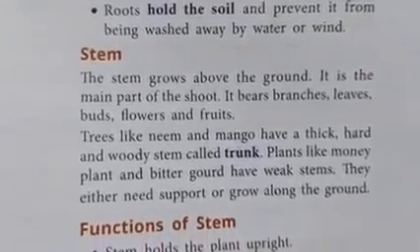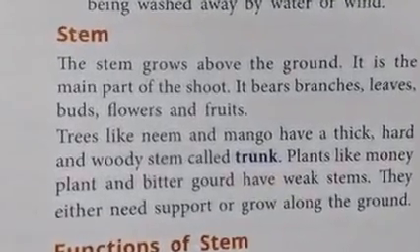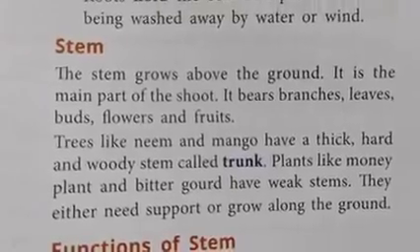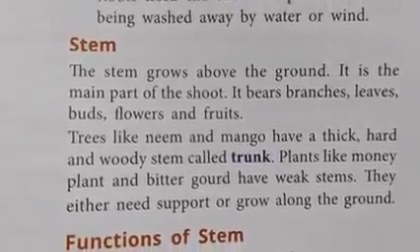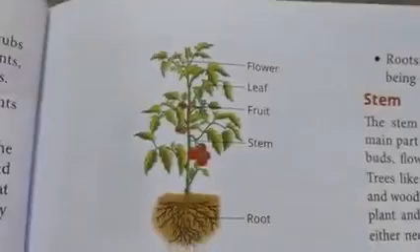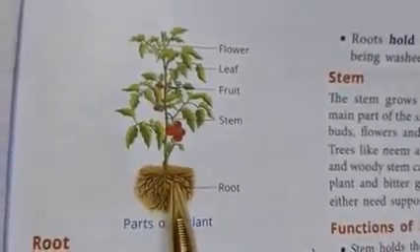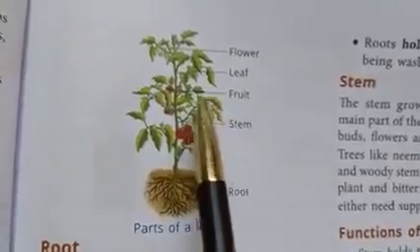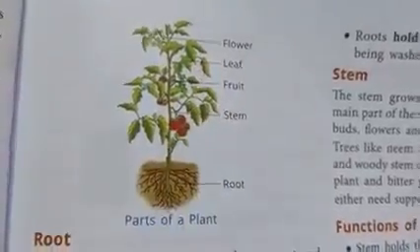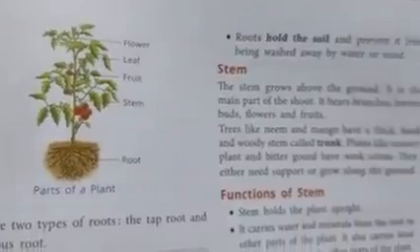Now let us see stem. Stem is the main part of the shoot. It bears branches, leaves, buds, flowers and fruits.